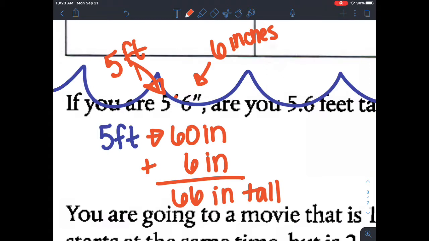Now we're going to do the same thing for the 5.6 feet tall.